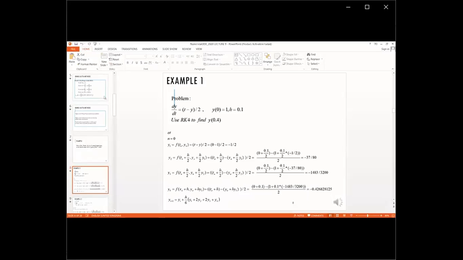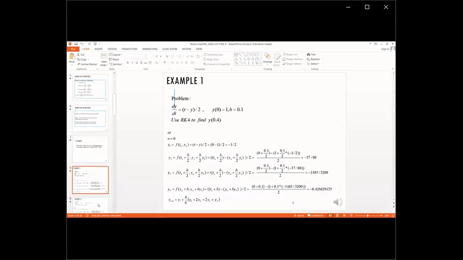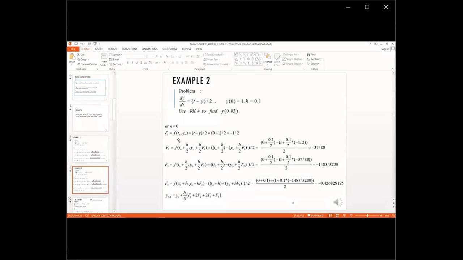This is it. Like I said, I don't want us to have any confusion, so instead of y1, I'm making it f1, f2, f3, f4.